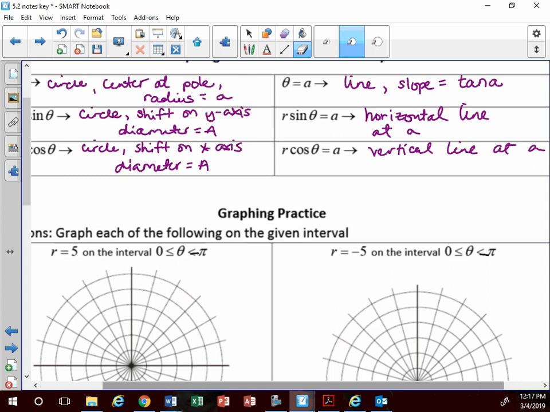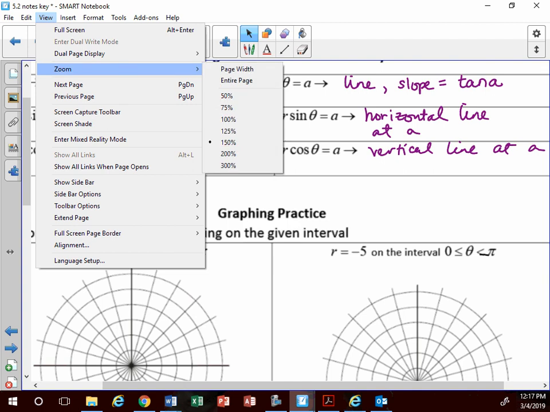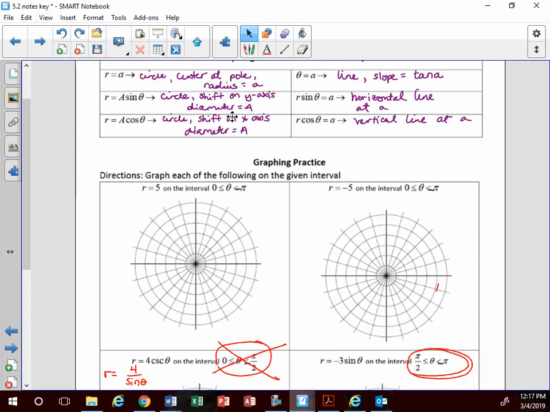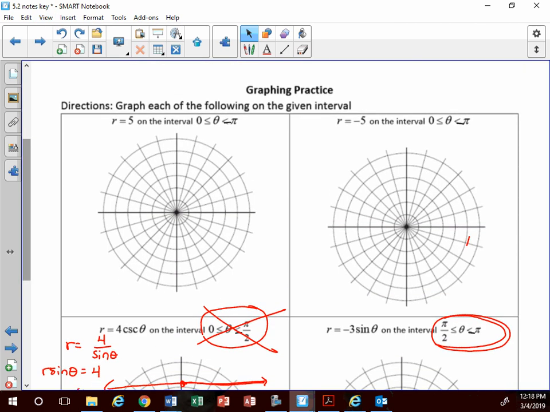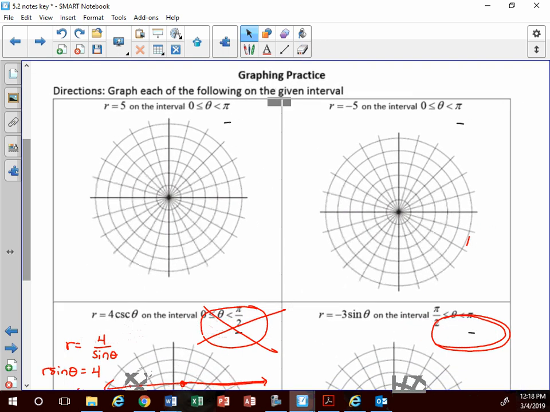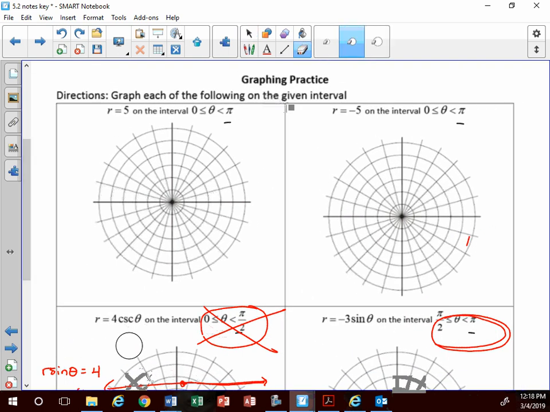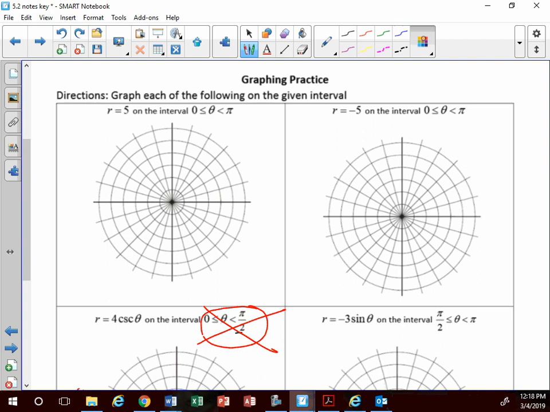All right, are we ready to graph on an interval? Yes. Oh, good, I like the enthusiasm. Okay, let's see. So the first one here. I think you have less than or equal to on both parts, right?